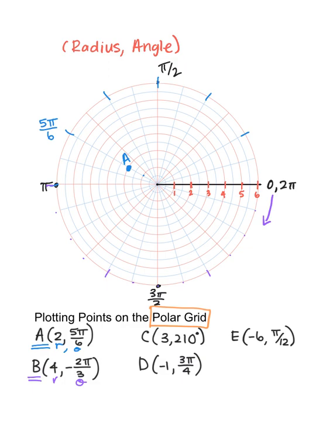Then that's my third. So this is negative 1 pi over 3, and this would be negative 2 pi over 3. Basically I'm going to be along this line right here, and my radius has to be 4. Starting from the center, I go 1, 2, 3, 4.